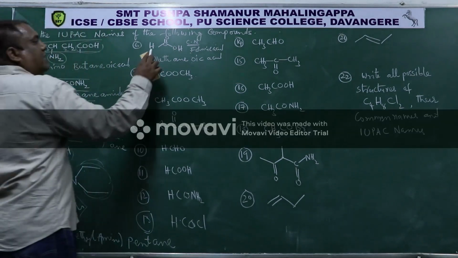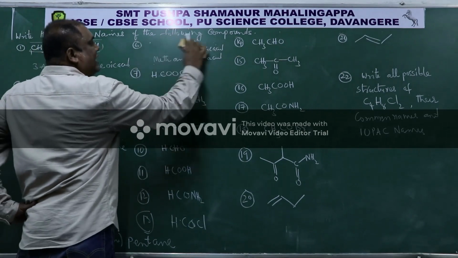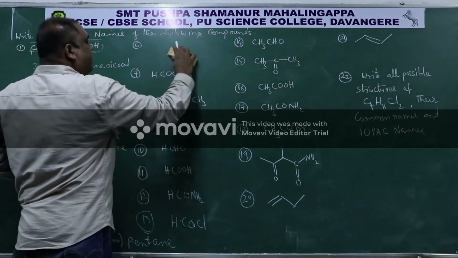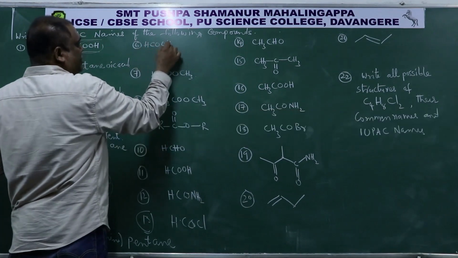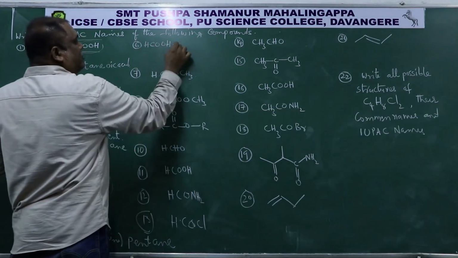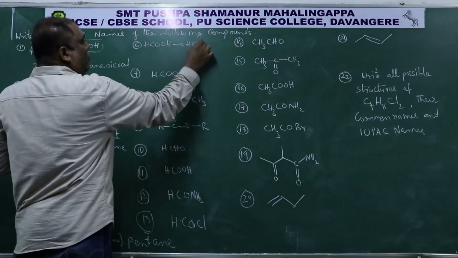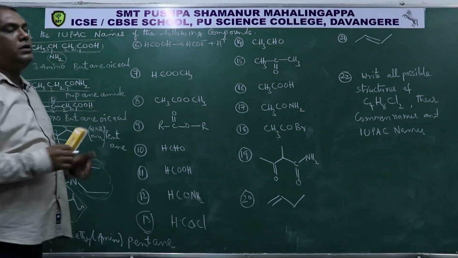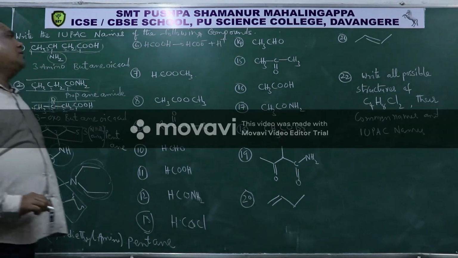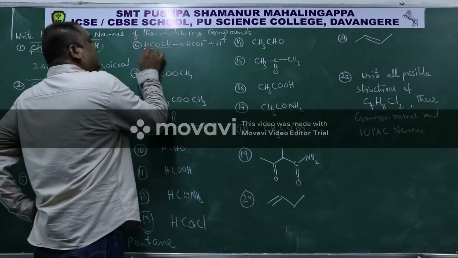Formic acid, instead of writing like this, I can write simply as HCOOH. It dissociates to give HCOO minus and H plus. So now this is called formic acid.